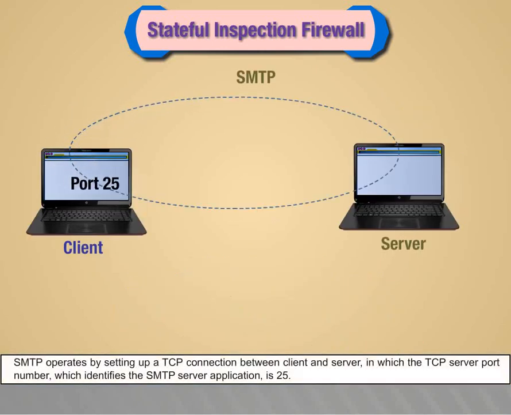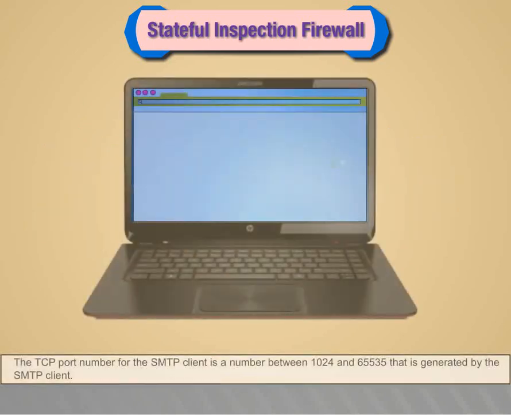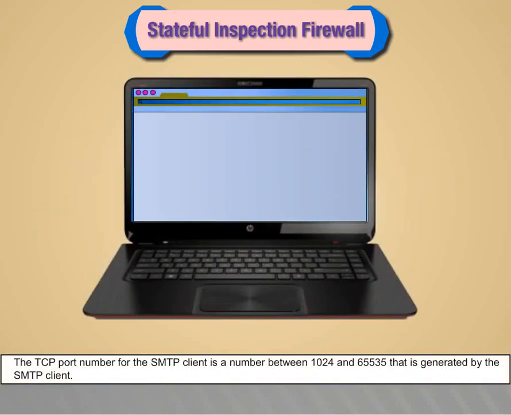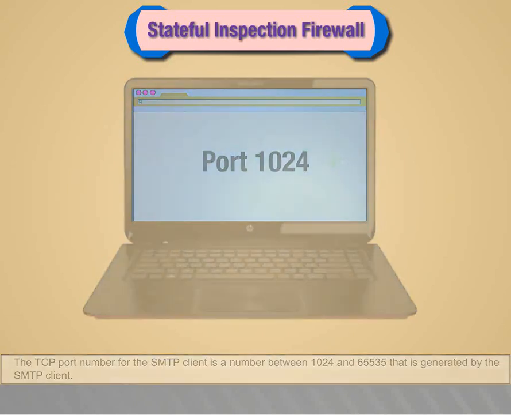SMTP operates by setting up a TCP connection between client and server, in which the TCP server port number, which identifies the SMTP server application, is 25. The TCP port number for the SMTP client is a number between 1024 and 65,535 that is generated by the SMTP client.